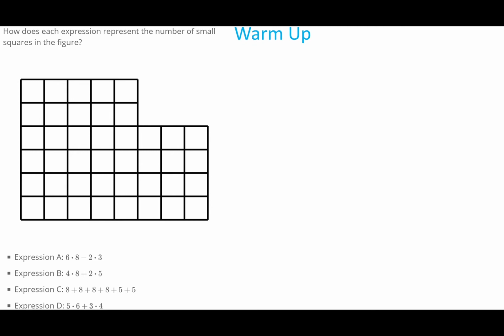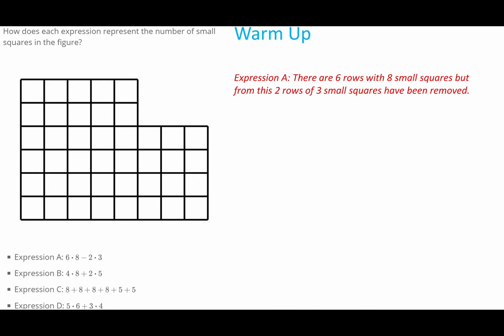The 6 times 8 is representing 6 rows with 8 small squares. So these 6 rows, these 8 small squares in each row, that would be a rectangle of 48 squares, 6 times 8. But we're subtracting this section up in the top right corner because that's missing. So we're subtracting off 2 rows of 3.